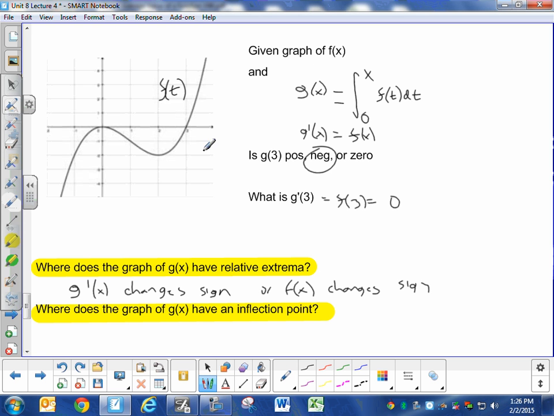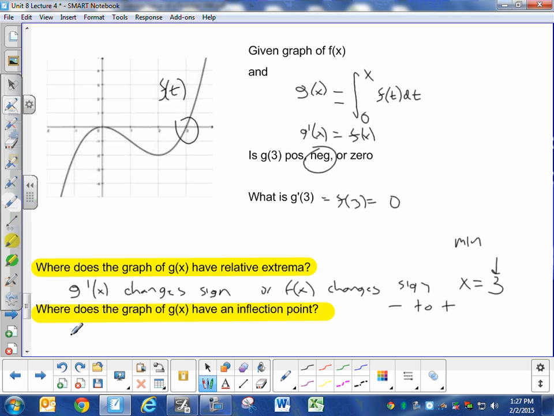At 3. Right here, when X is 3, would we have a max or a min for G? It's a min. F goes from negatives to positives. Do we see that? The function values for F go from negatives to positives at 3.